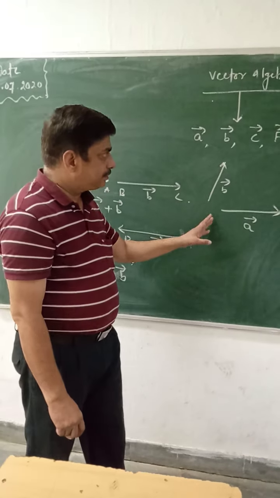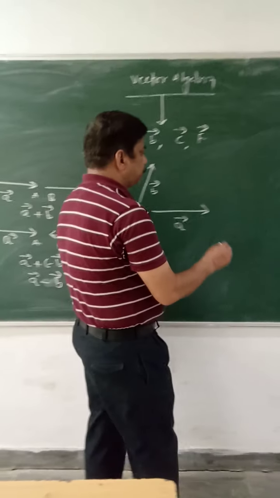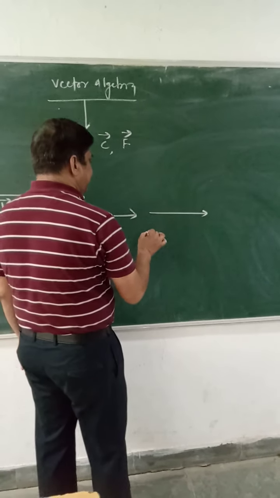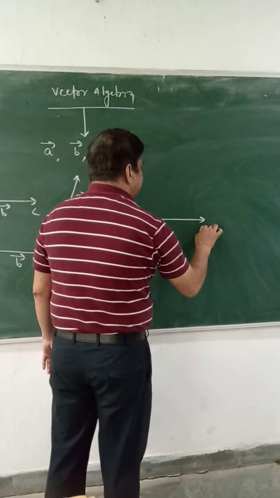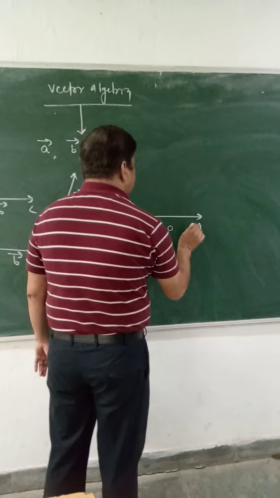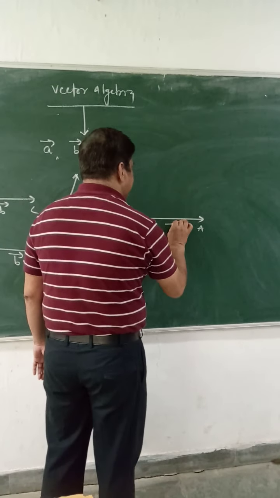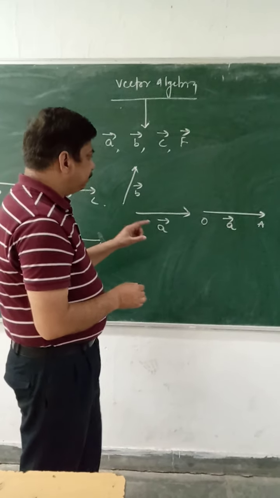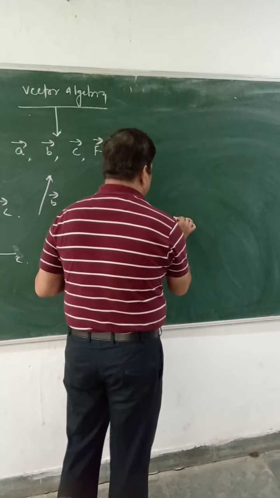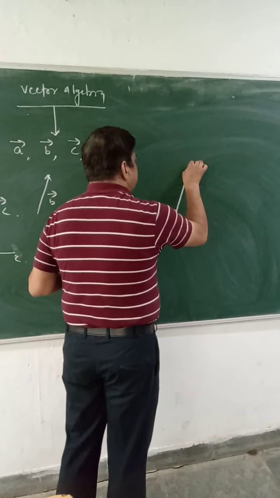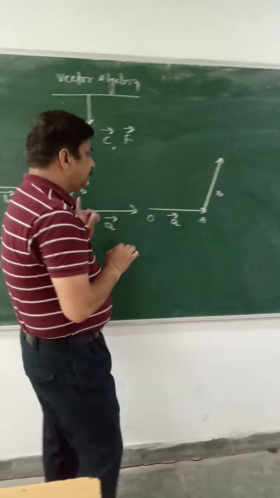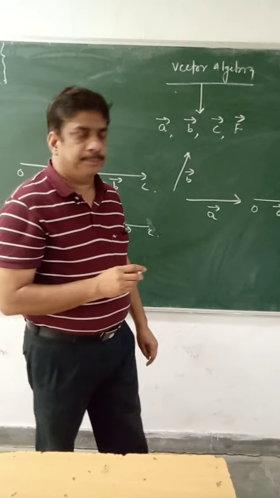For this we have to draw vector A, represented by OA, and then from A we have to draw vector B, a line parallel to vector B.